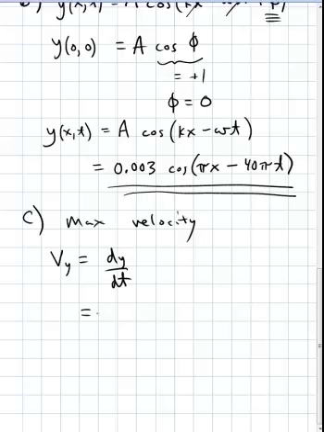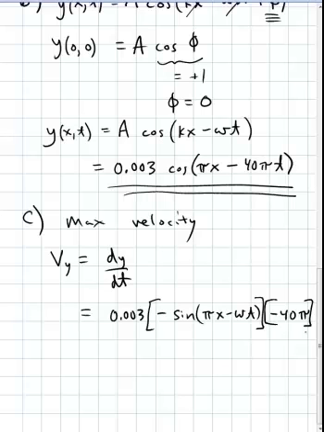And the derivative of y, well, I'll just go ahead. The derivative is going to be the amplitude times negative sine of pi x minus omega t times minus 40 pi.